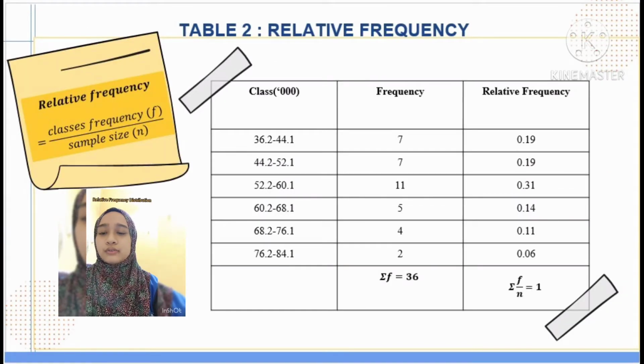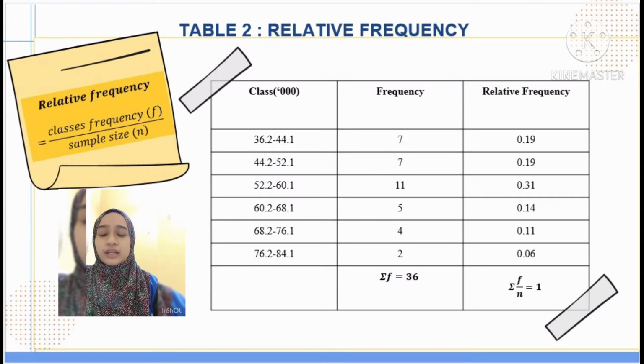The formula for relative frequency is relative frequency equals class frequency divided by sample size. We need to make 3 columns, which are class, frequency and relative frequency. So the first class is 36.2 until 44.1. We get the frequency, which is 7.